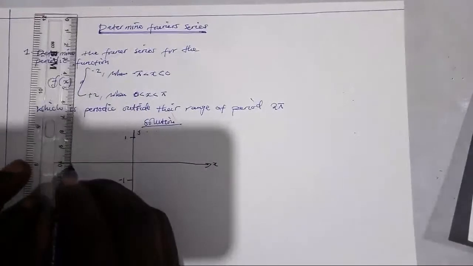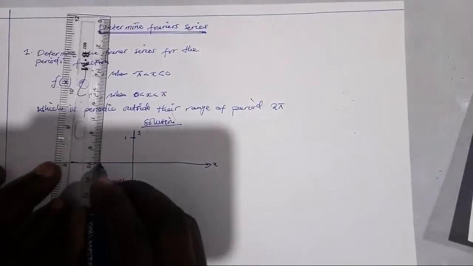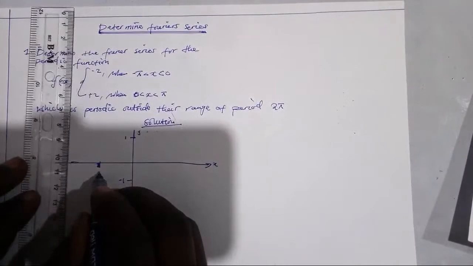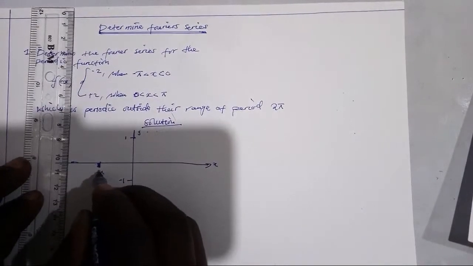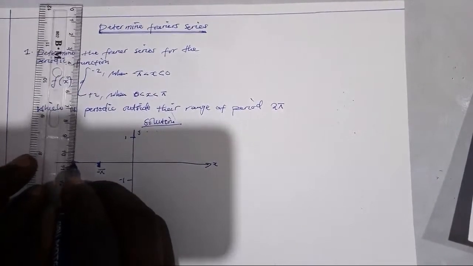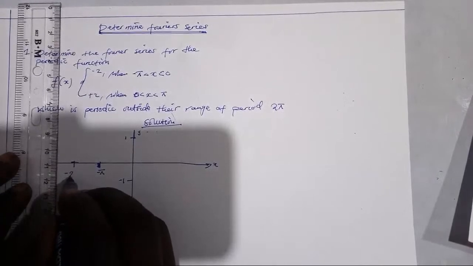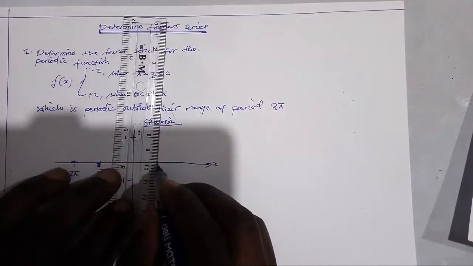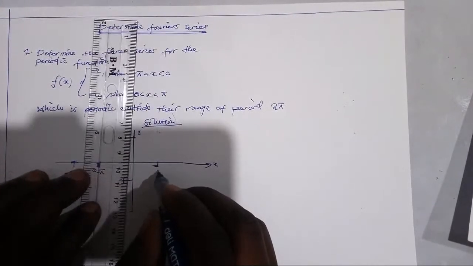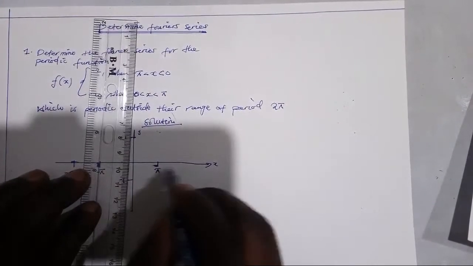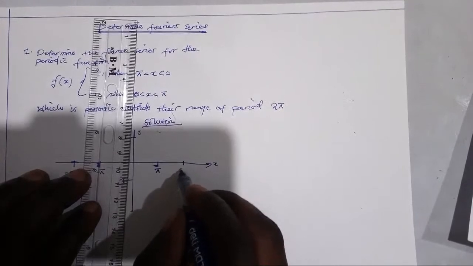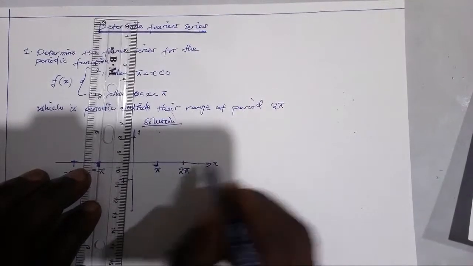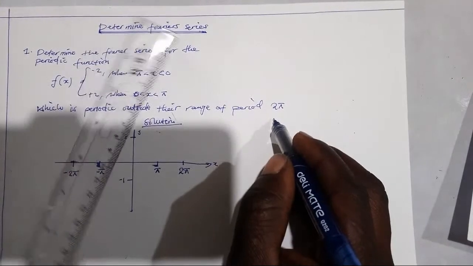Then here you're going to have two values, which are -pi and -2 pi. Then here you're going to have positive pi and 2 pi, because the range is saying we should end at 2 pi.